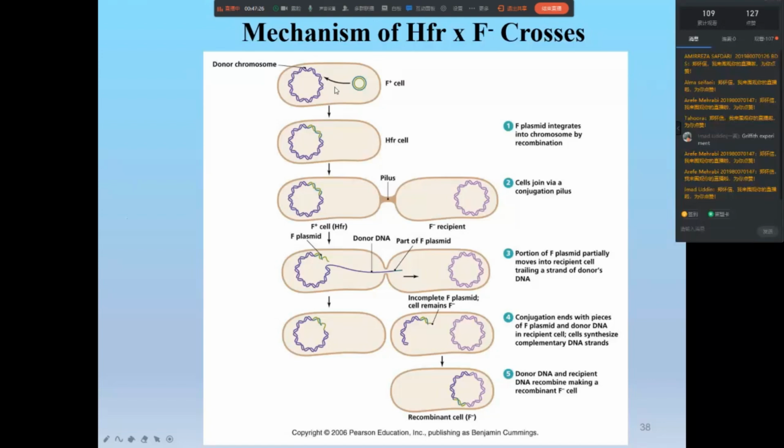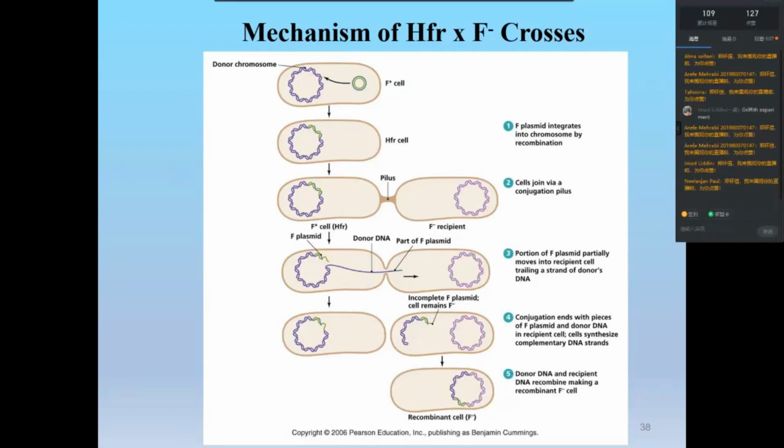Like this one, you have a donor cell. This is the donor chromosome, and this is the F plus cell. It carries the F plasmid. And for some reason, this plasmid gets into the chromosome. It's integrated, inserted into the chromosome.